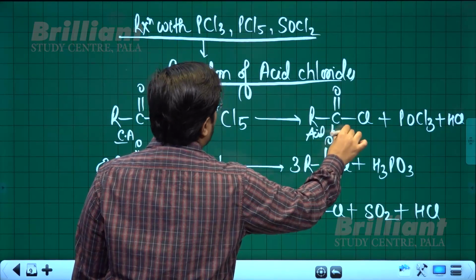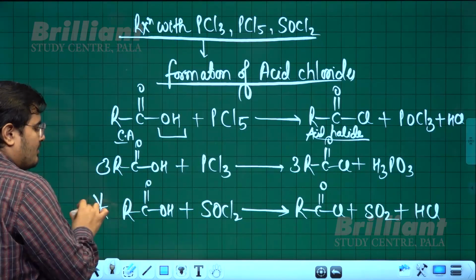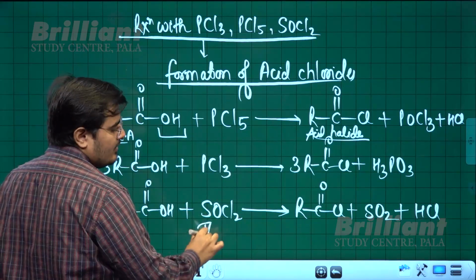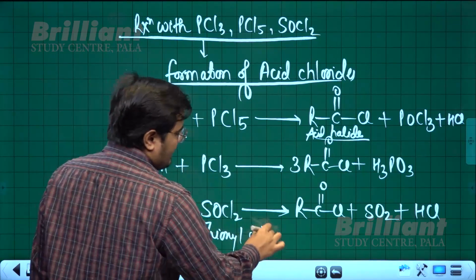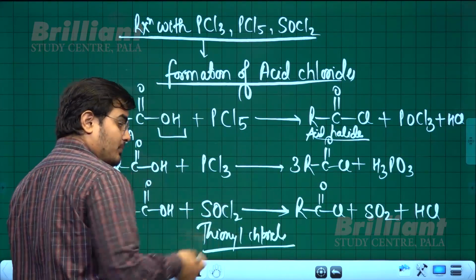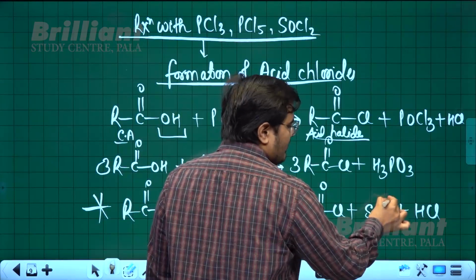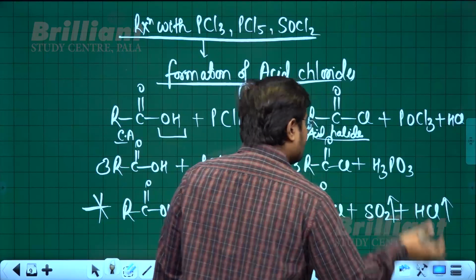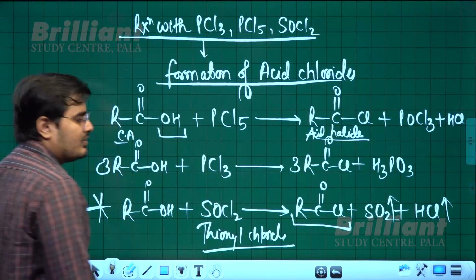And if you talk about which method is preferred, then it's the treatment of carboxylic acid with thionyl chloride which is preferred amongst all. Why? Because in this case separation of product is not a problem, as the other products are gaseous, which leave the reaction vessel and you are only left with RCOCl.